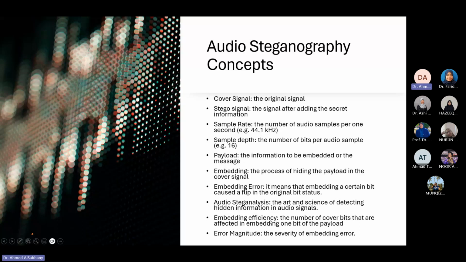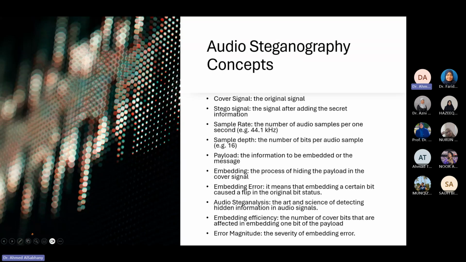The embedding efficiency is probably the most advanced concept here, which refers to the number of cover bits that are affected in embedding 1 bit of the payload. So basically, when we are hiding 1 bit of the message, we need to have as few cover signal bits as possible affected by that change.